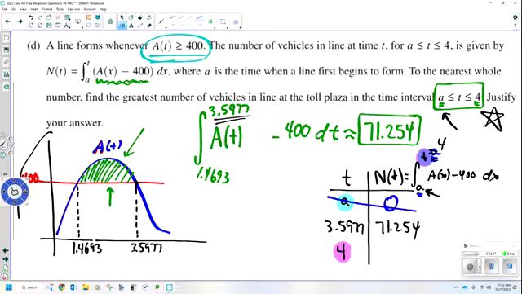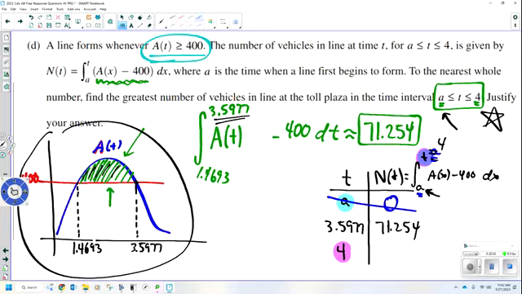See this graph? Where did this area first start? 1.4693. So my A value is technically 1.4693. So I've got to do this n of t integral where the upper bound is 4 and the lower bound is 1.4693.